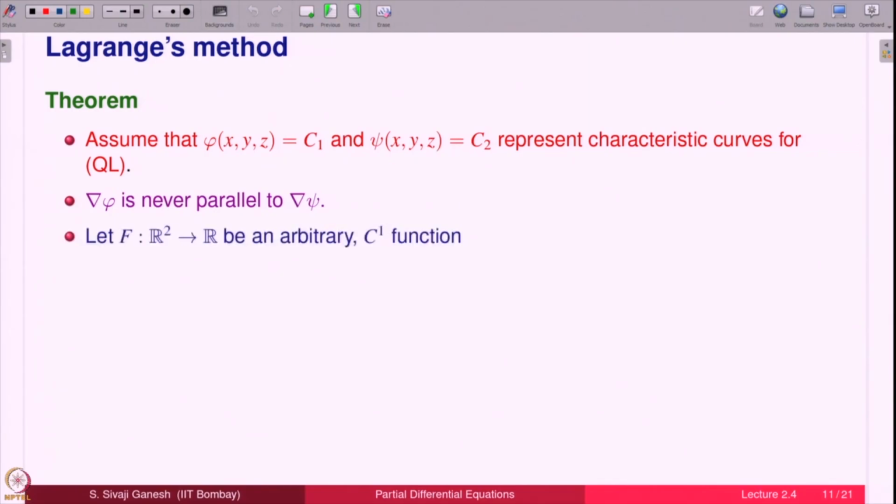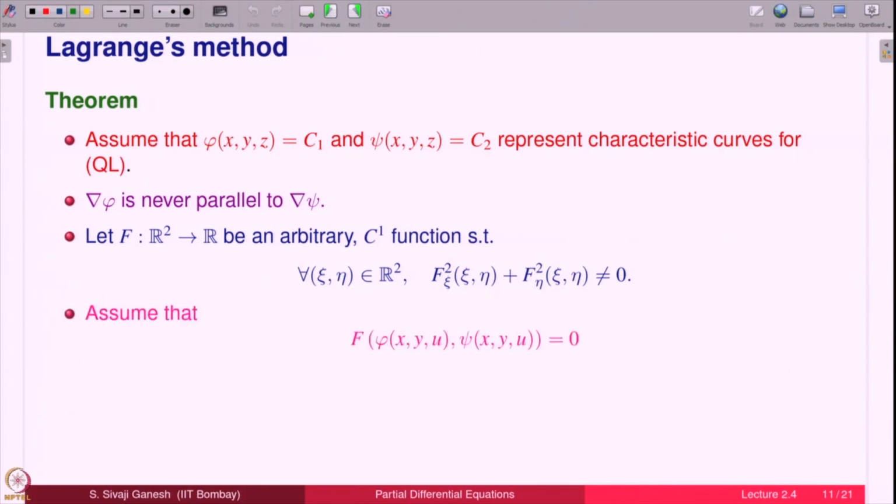Let f be an arbitrary C1 function defined on R2 such that f xi square plus f eta square is not equal to 0. In other words, the gradient of f is never 0 at every point in R2, because that is the domain of f. If you do not have R2 here and have some domain of f, then we require this for every xi, eta belonging to the domain of f: f xi, f eta are not equal to 0, 0; they do not simultaneously vanish.